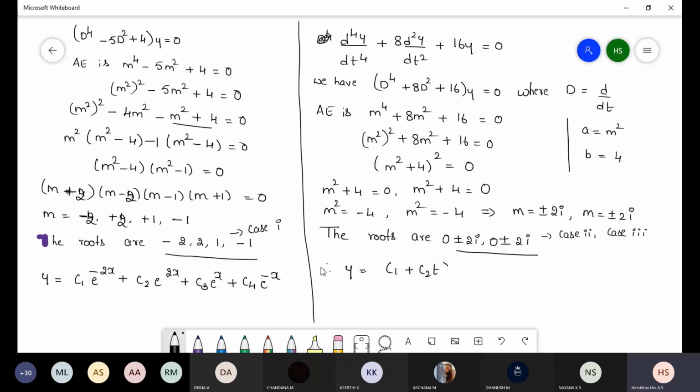So (c1 + c2 t) cos 2t plus (c3 + c4 t) into sin 2t, whole multiplied by e power 0t. e power 0 is 1.